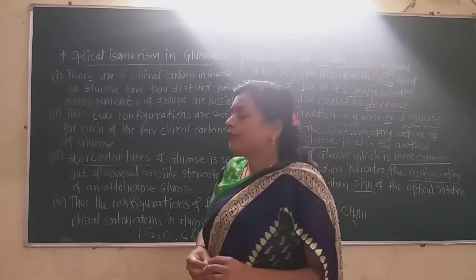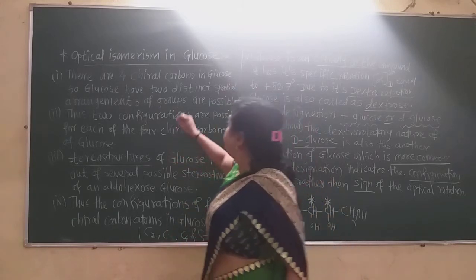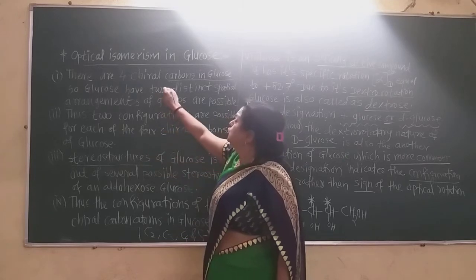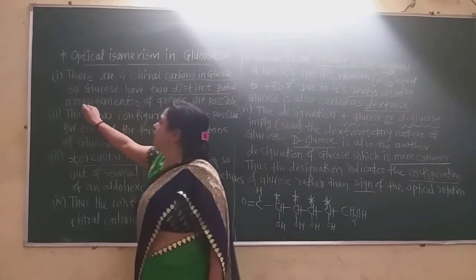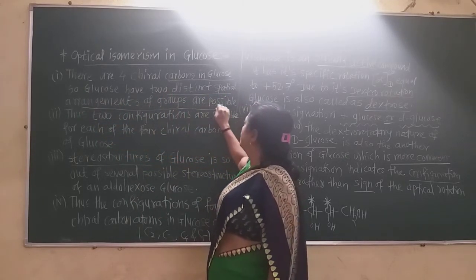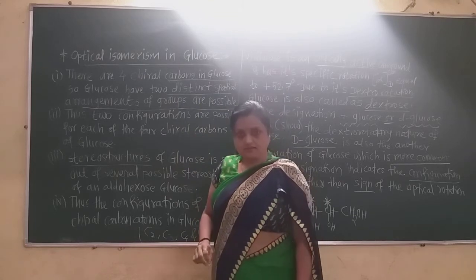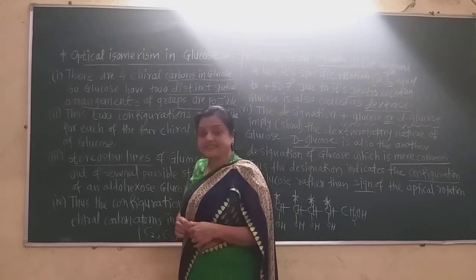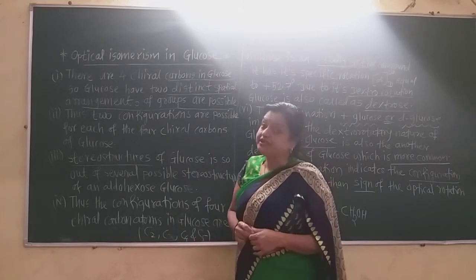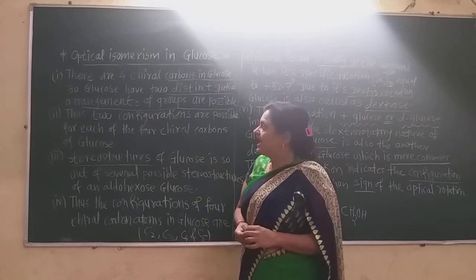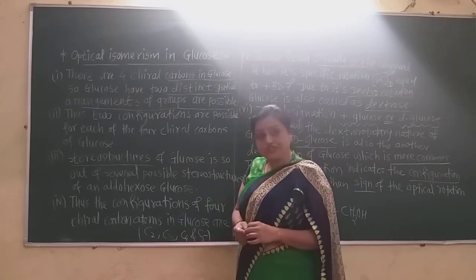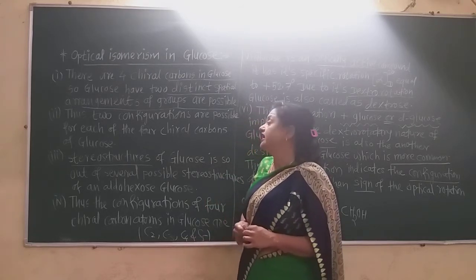Now there are 4 chiral carbon atoms in glucose. So in glucose, 2 distinct spatial arrangements of groups are possible. In case of glucose, 2 distinct spatial arrangements in space are possible, and thus these 2 configurations are possible for each of the chiral carbon atoms.